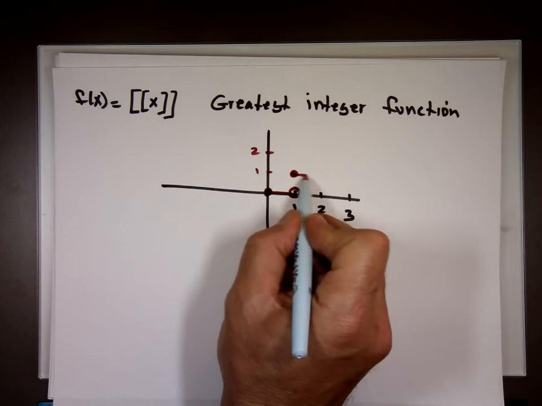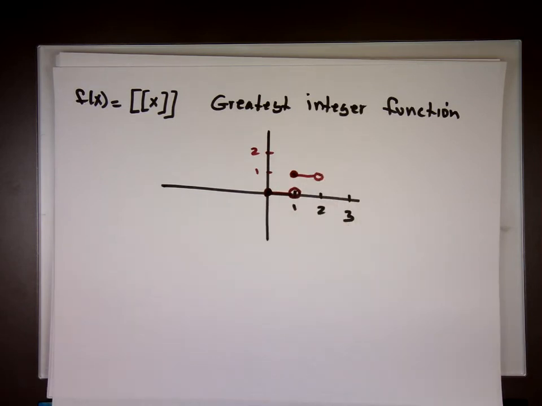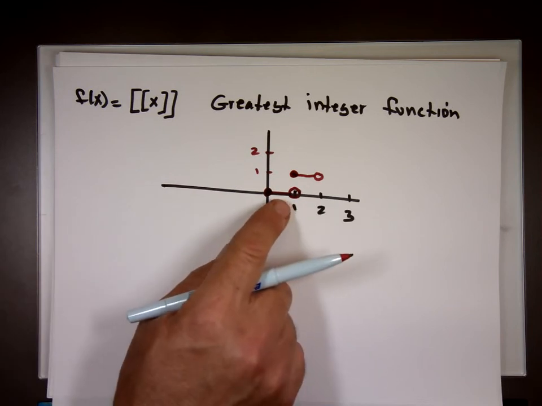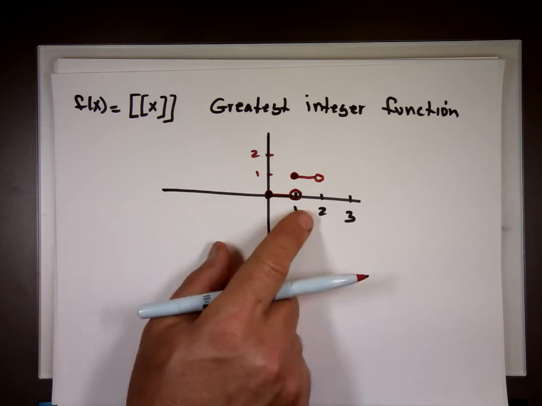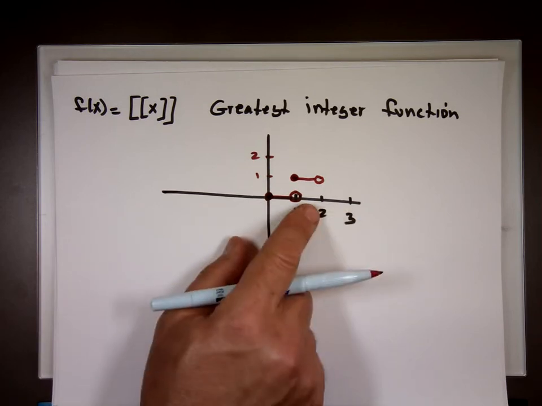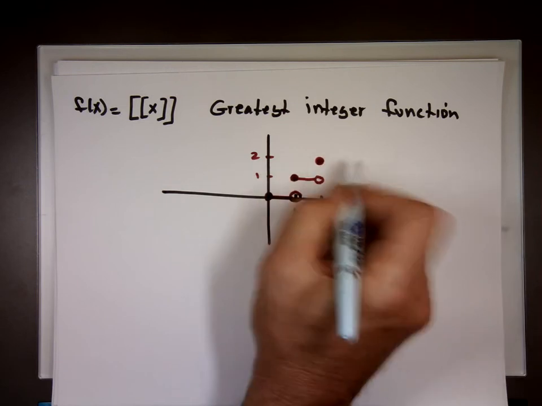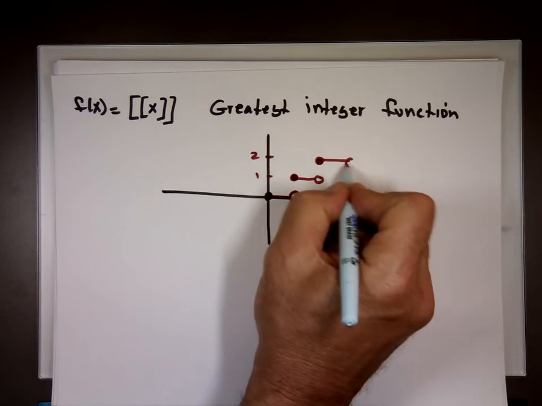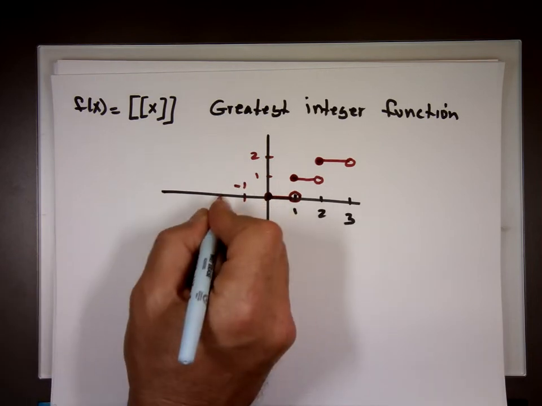It has an open circle at 2. That means what? The biggest integer between 1 and 2 is actually 1. That's why it's called the greatest integer. The greatest integer between 2 and 3, once you hit 2 and less than 3, is what? That's a 2. And it also applies to negative values, minus 1, minus 2, minus 3.